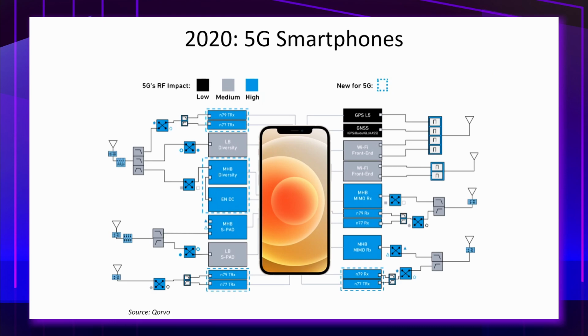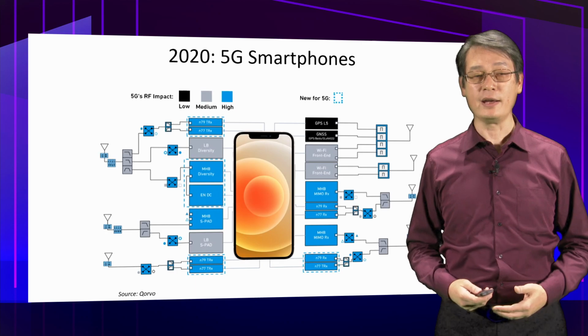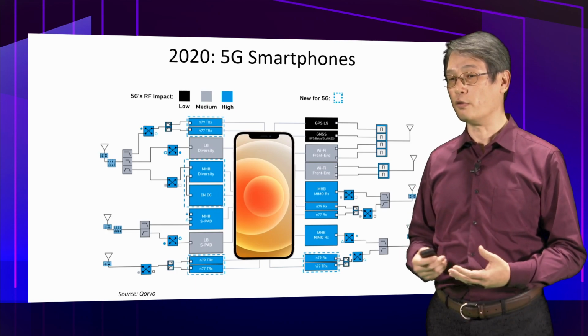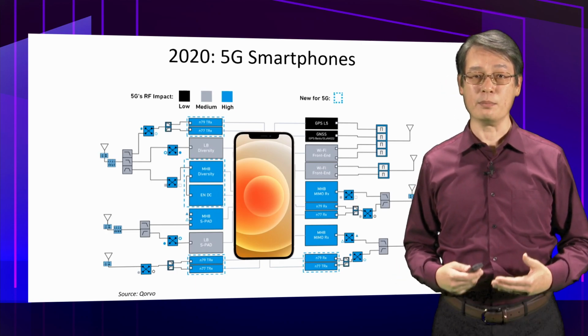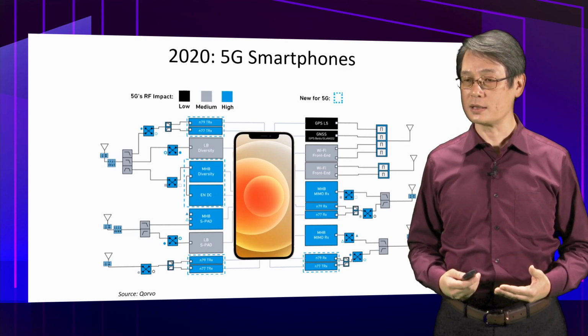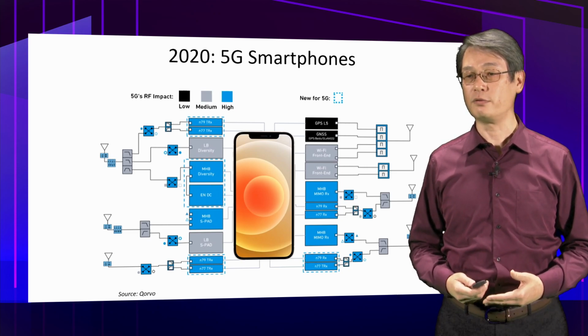A 5G smartphone contains a lot more compound semiconductor content, simply because there are newly created frequency bands for 5G and therefore more gallium arsenide power amplifiers are needed inside each phone.